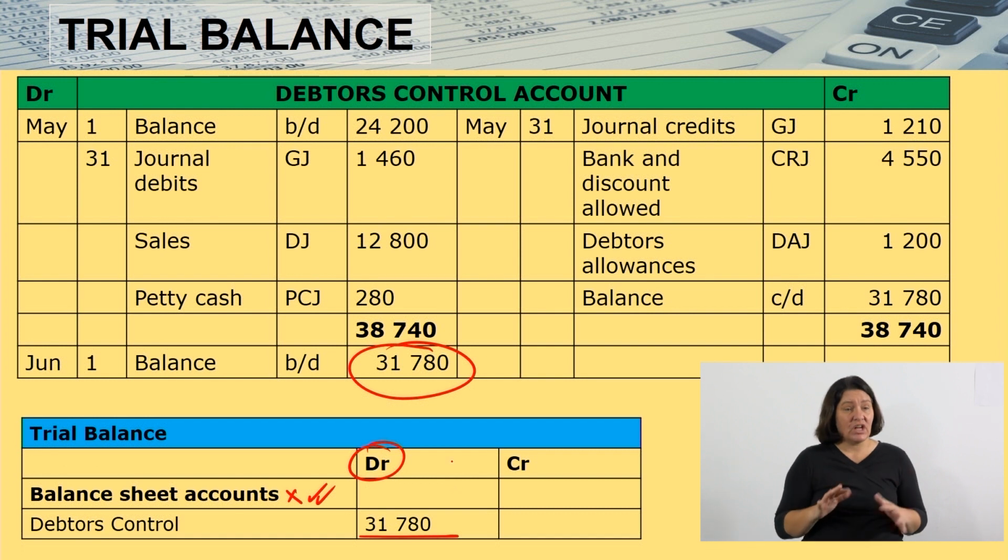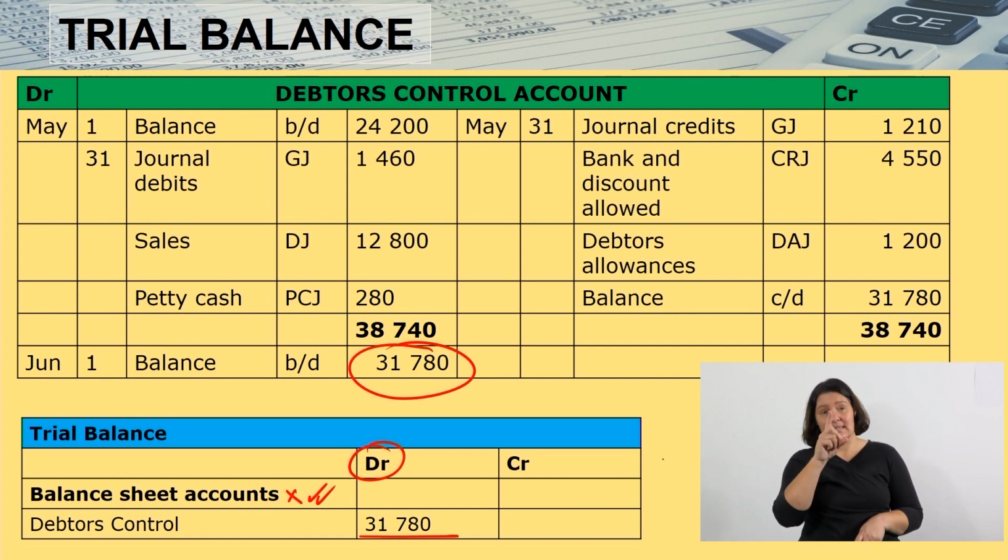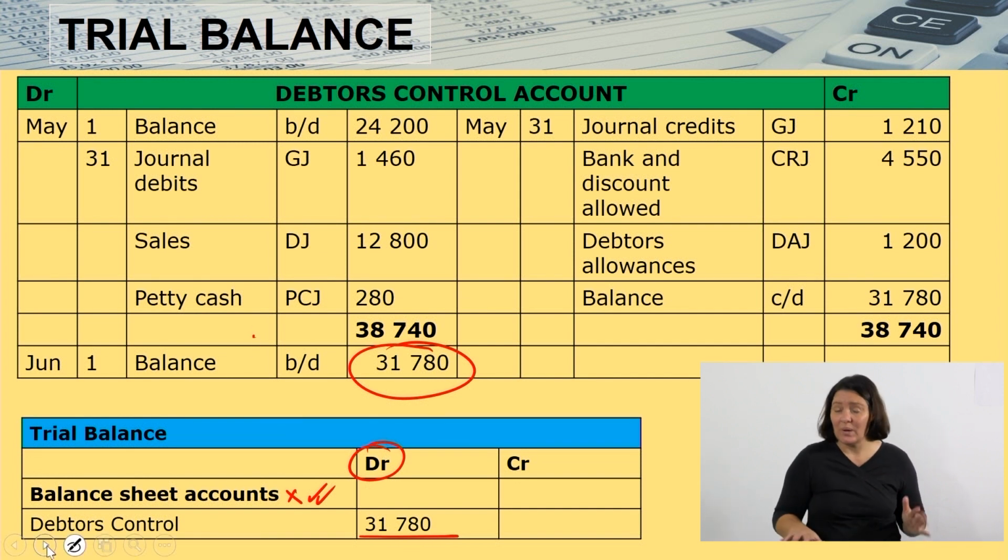Once you have done that, that means you have completed your trial balance. You have posted the amount from your debtors control account to the trial balance. Dear learners, it is of great importance that you know how to do the trial balance.